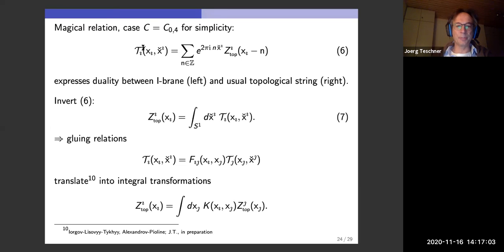So this is the geometric side in the I-brane picture. On that side, it all becomes non-commutative. So here you have non-commutative deformations of A and B periods, which represent quantizations of, say, Fock-Goncharov and Fenchel-Nielsen coordinates. That is the emerging picture.